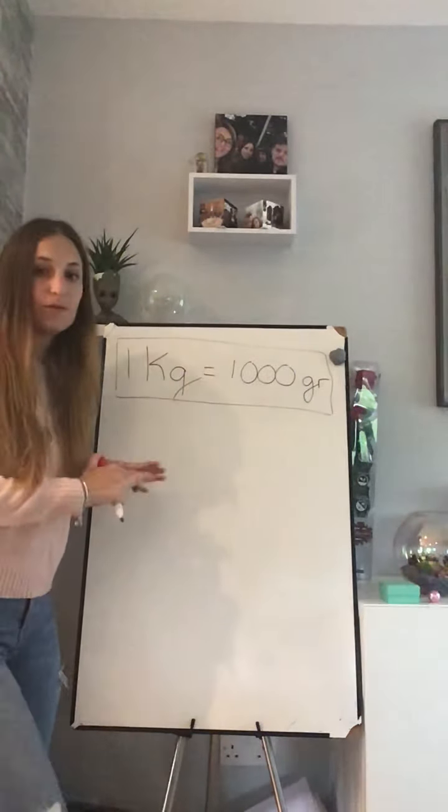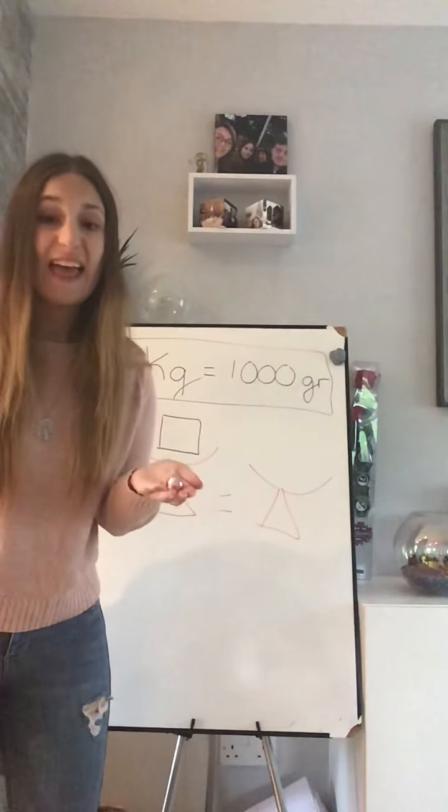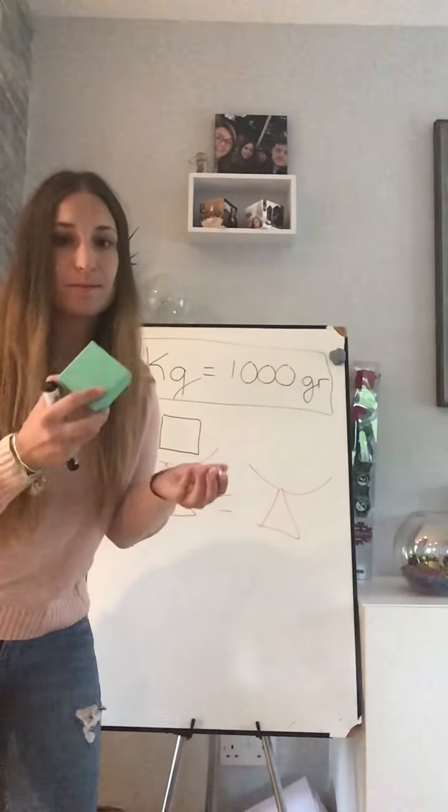For example, I'm going to show you mine. I have this box, okay? A little bit heavy, not that much, but a little bit heavy. I have 1 box, and I have this chocolate. Heavy, but not as heavy as the box.